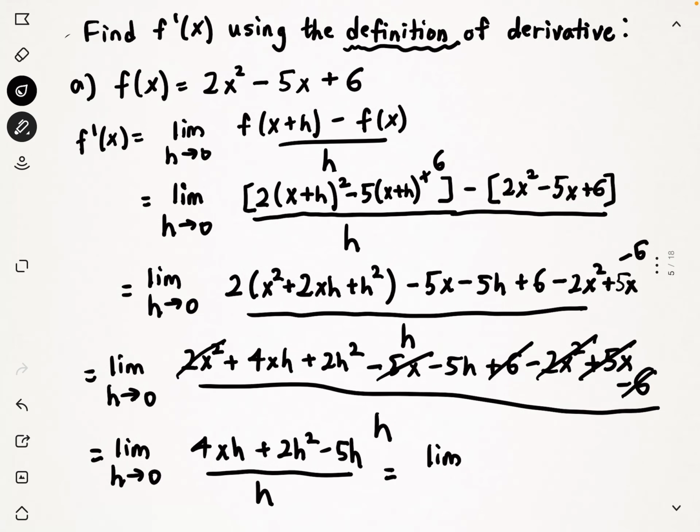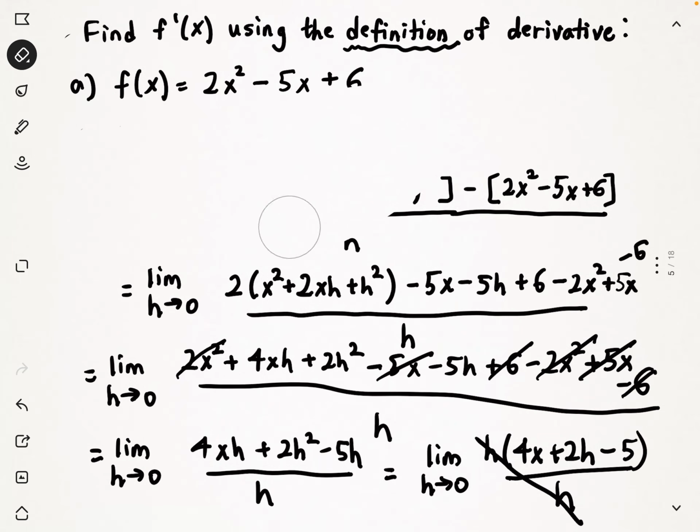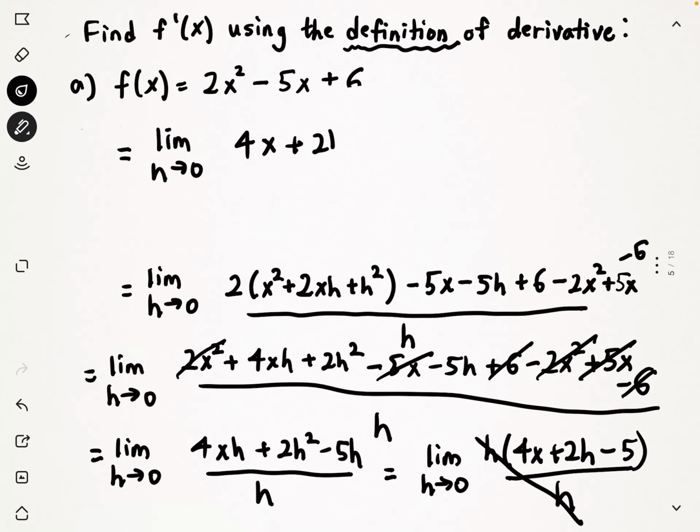So I can say the limit as h approaches 0, factor out that h, and I have 4x plus 2h minus 5 all over h, and they can cancel. And then now I'm just going to bring this back up here. That brings me to the limit as h approaches 0 of 4x plus 2h minus 5.